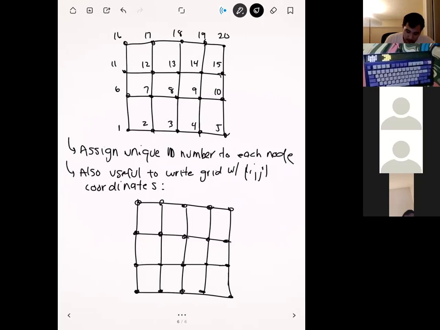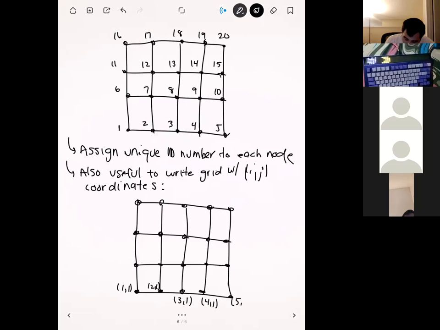And so their ij coordinates, this will be 1, 1 right here. So basically, x coordinate of 1 and y coordinate of 1. This will be coordinate 2, 1. This is 3, 1, 4, 1, and 5, 1.